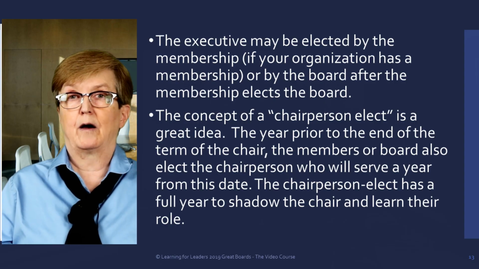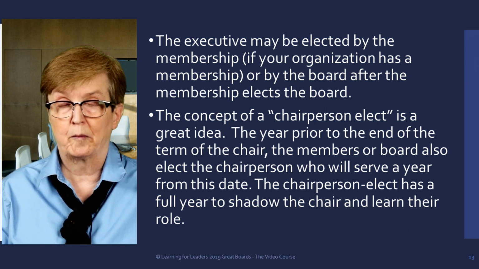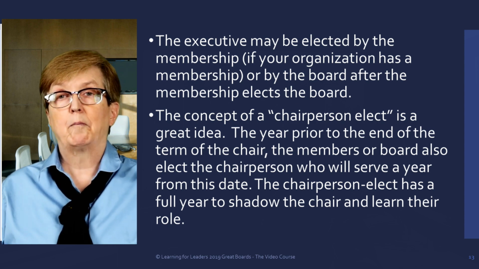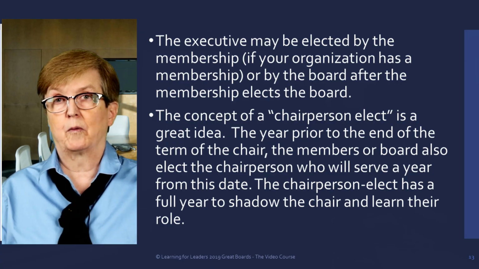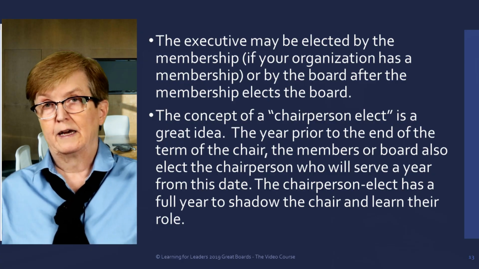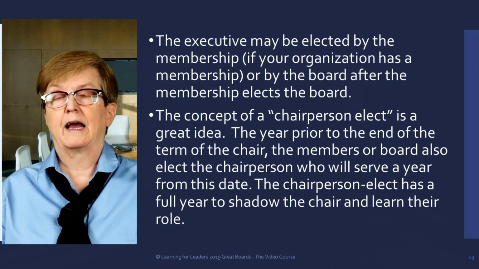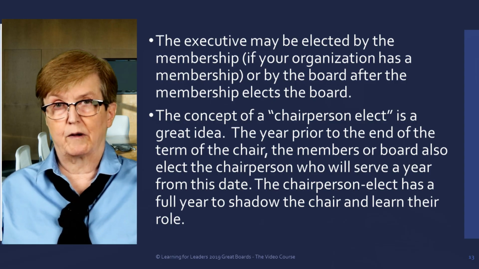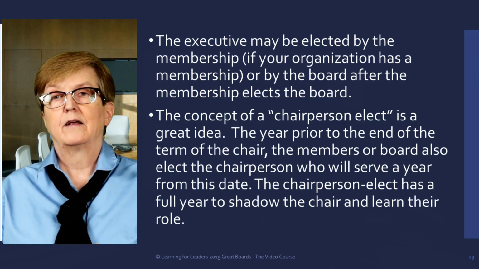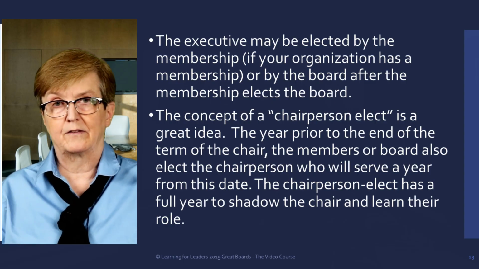That executive, however, should not be a mystery at that moment in time. The executive appointees should be known to the board, and it should be a very simple motion. So it's usually a 1 or 2 minute meeting, and from the slate of directors that have just been elected, the board elects its executive members.